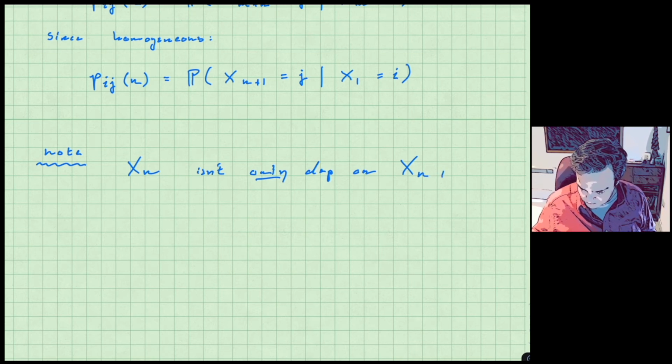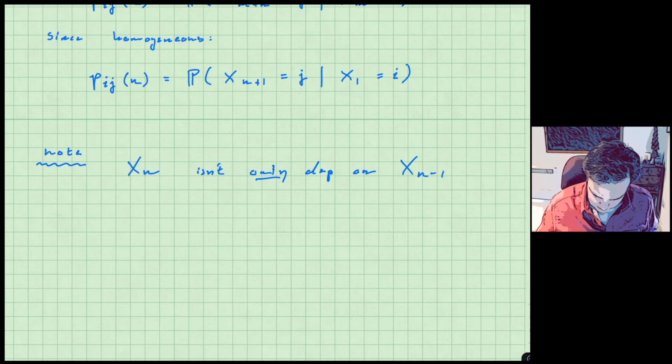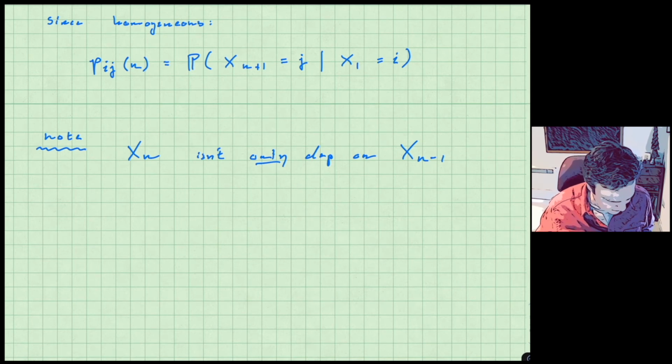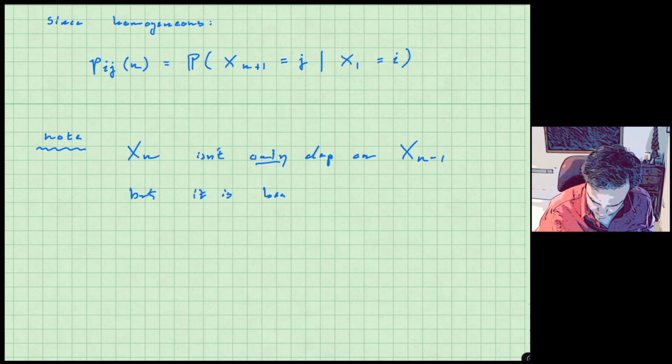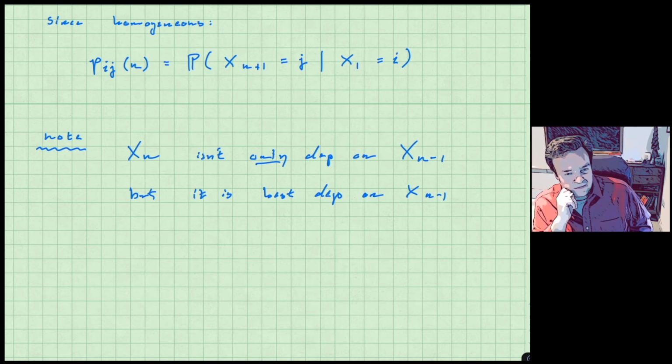It's not the only thing that influences xn. It's just the thing that best influences it, or is all you need, sort of. I think that's overstating it, right? So let's say it this way: it is best dependent on xn minus 1. You see how we get ourselves into trouble with words here.